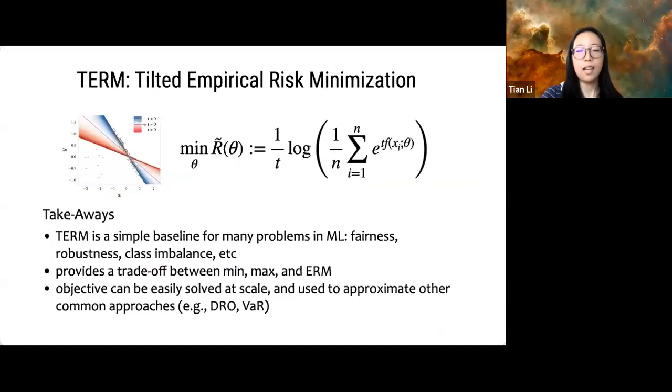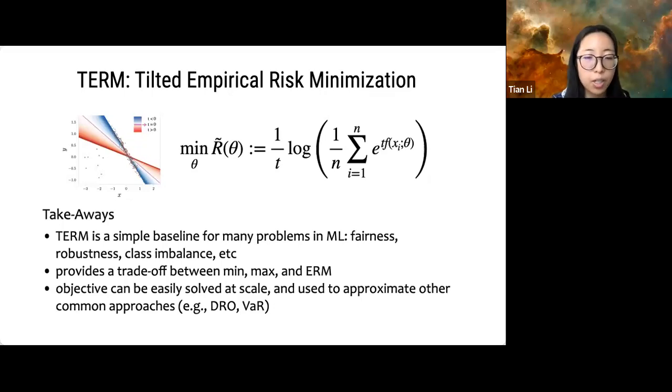Okay. And then I showed some of the example applications that we presented to study the properties of TERM, but in our paper we have other applications and more detailed analysis of those algorithms. And the takeaways of TERM are, first, a simple baseline for many problems in machine learning, like fairness, robustness, class imbalance, and so on.